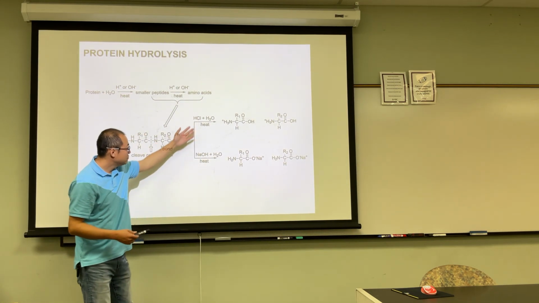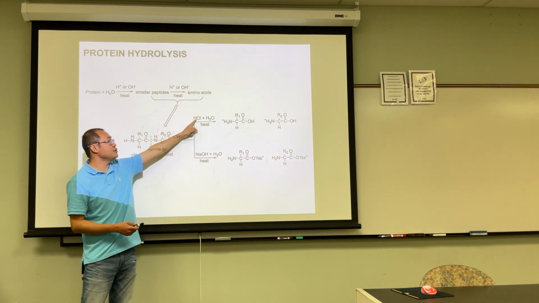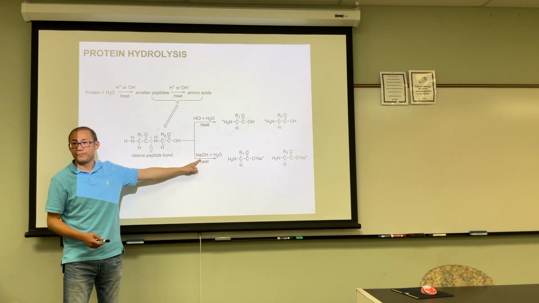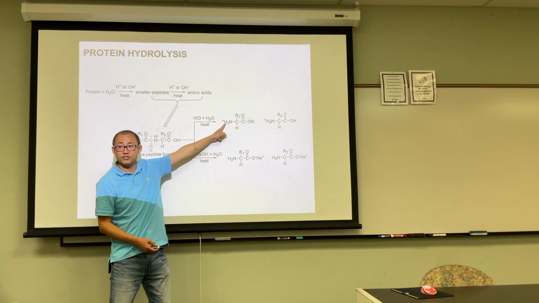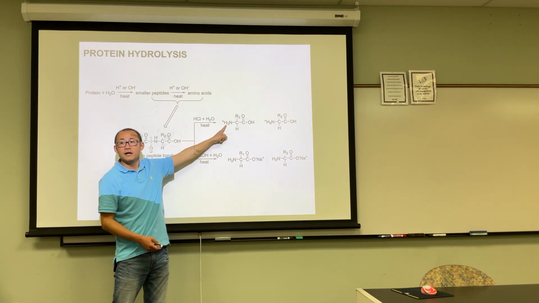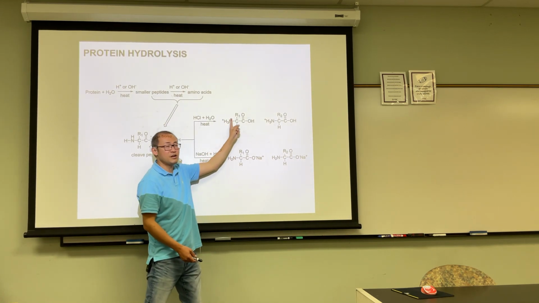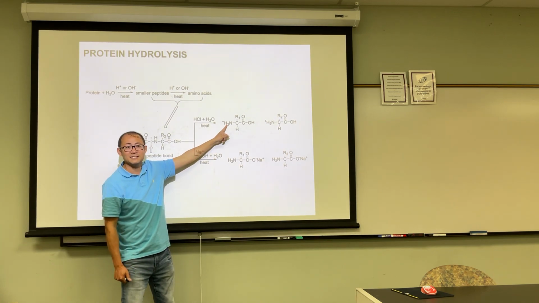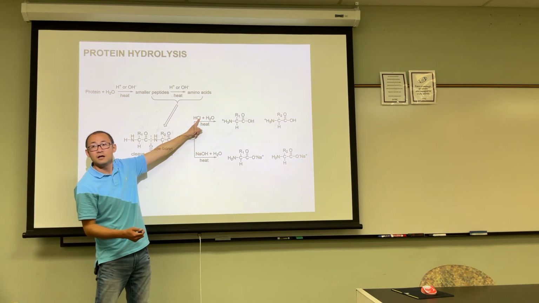But like I said, in order for the reaction to move forward, you have to use either acid or base. If you use acid, the NH2 will not be NH2. NH2 will be what? NH3 plus. So both of the amino acid NH2 will be NH3 what? Plus. Does it make sense? How do we get NH3 plus? Because NH2 will take a what?